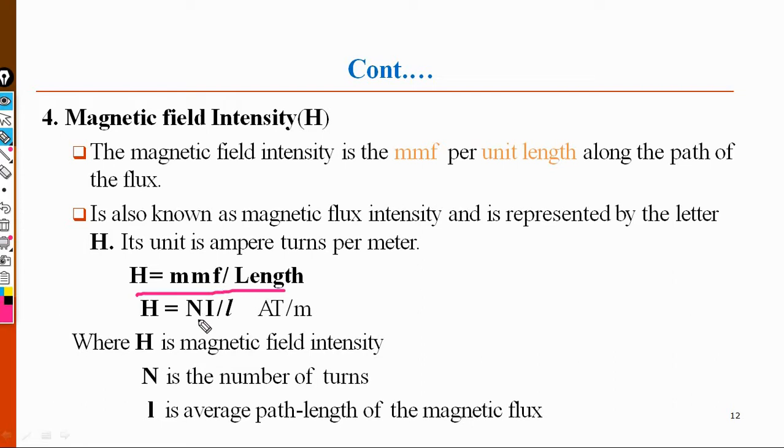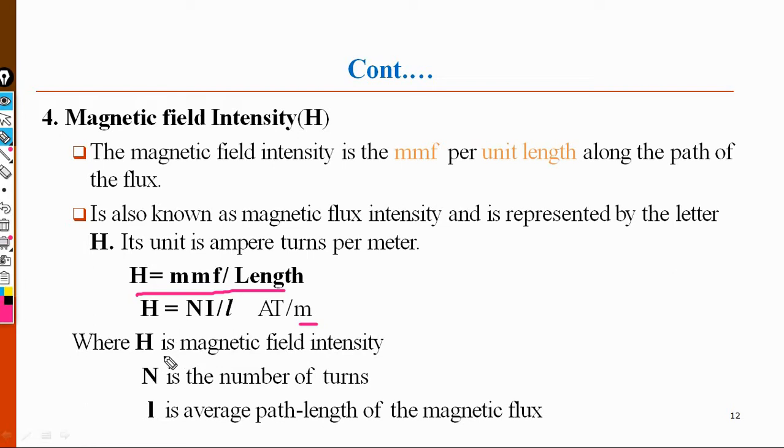MMF means N into I, where N is the number of turns and I is the current flowing through it. L means length. The unit of NI is ampere turns, since number of turns has no unit, and length is measured in meter.